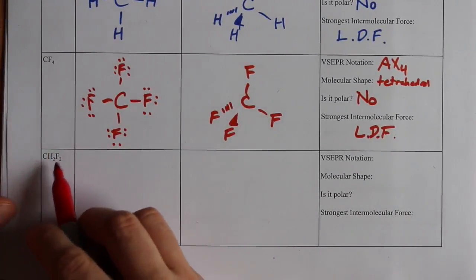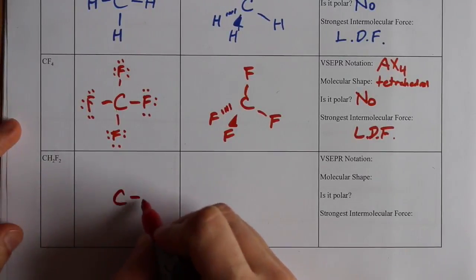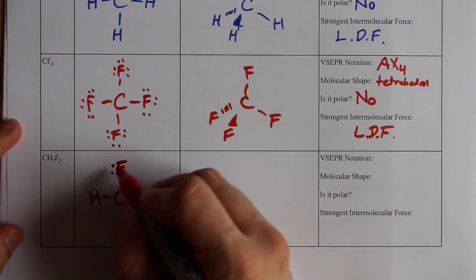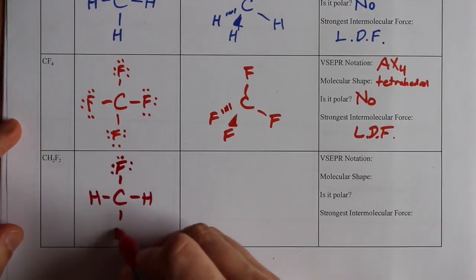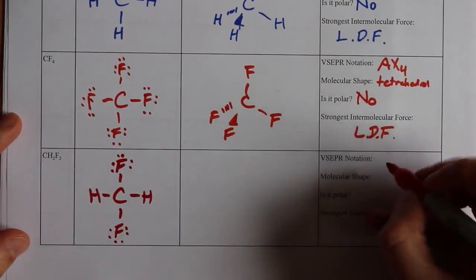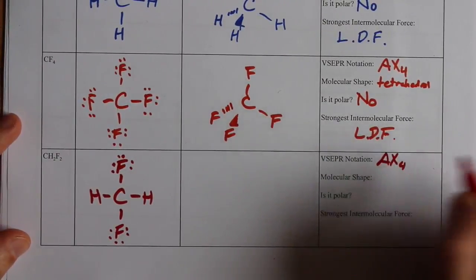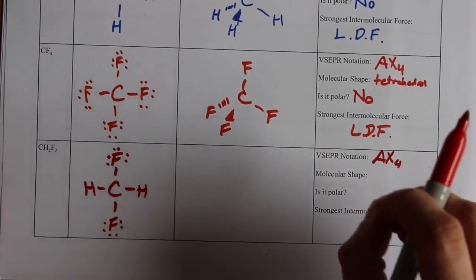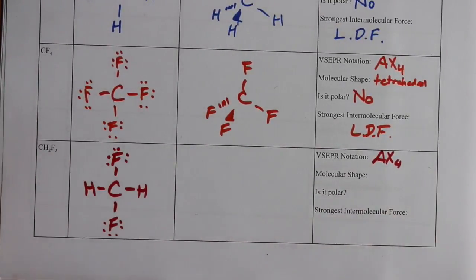Here we have CH2F2. We have carbon connected to 2 hydrogens, just like we did before, and connected to 2 fluorines, just like we did before. I can guarantee you this is the Lewis structure. It is AX4 again, because you have a carbon in the center connected to 4 atoms and no lone pairs on the carbon.